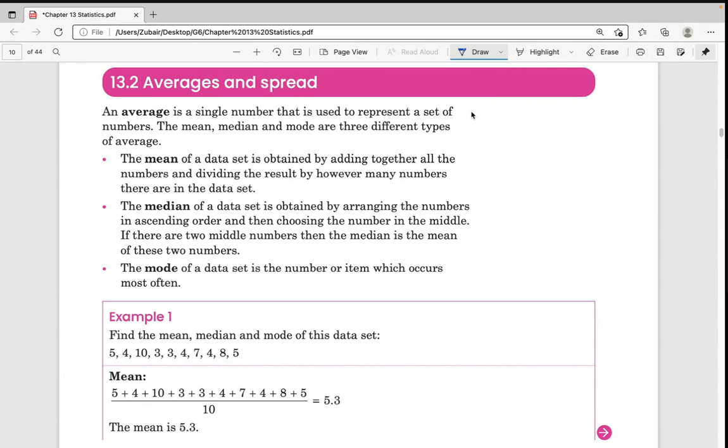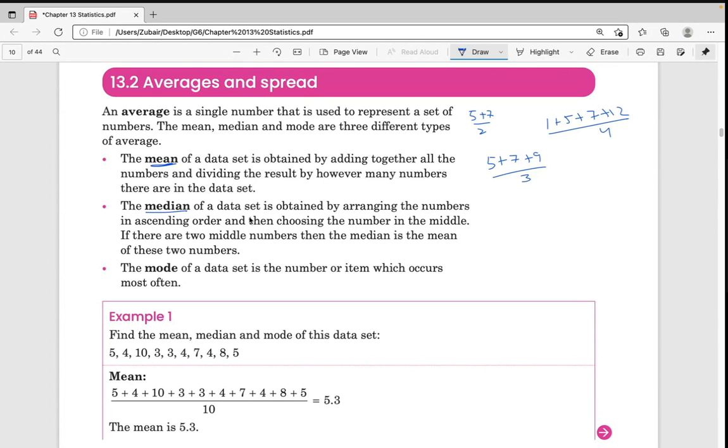If we have two numbers, 5 and 7, we'll add them and divide by 2. If we have three numbers, 5, 7, 9, we'll divide by 3. If we have four numbers, 1, 5, 7, 12, we'll divide by 4 to get the mean. It gives the average of all of the data.